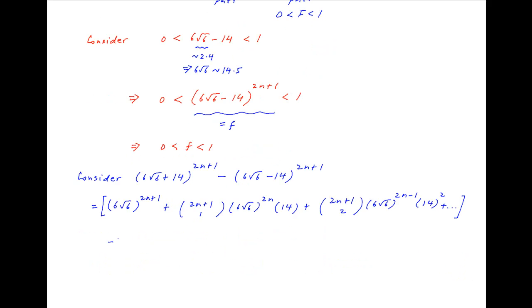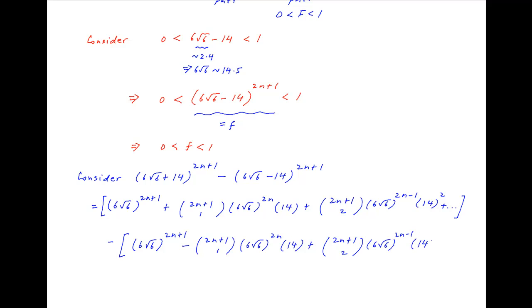minus, in brackets, (6√6)^(2n+1) − (2n+1 choose 1)(6√6)^(2n)·14 + (2n+1 choose 2)(6√6)^(2n−1)·14² minus and so on.